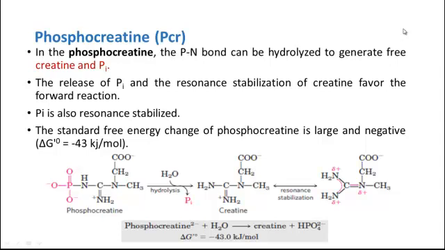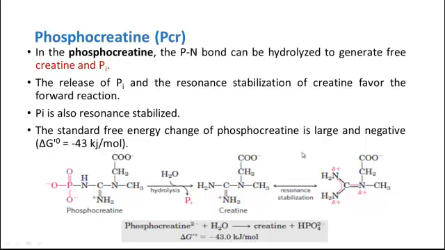At the moment we are interested to know which bond is broken and releases inorganic phosphorus. So here you can see the structure of phosphocreatine, and the phosphoryl group is attached to nitrogen. So the breakage of the bond between the phosphoryl group and nitrogen is the one which releases creatine and inorganic phosphate, thus releasing a large amount of free energy that can be used in biological processes.